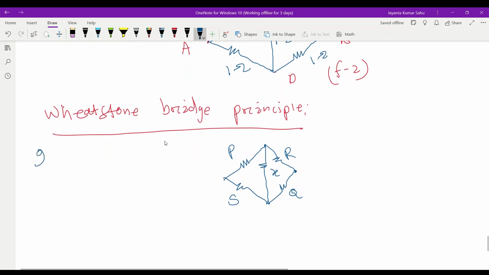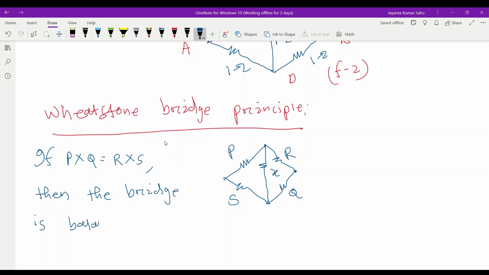If P into Q is equal to R into S, then the bridge is balanced, and no current is flowing in the X ohm resistance.